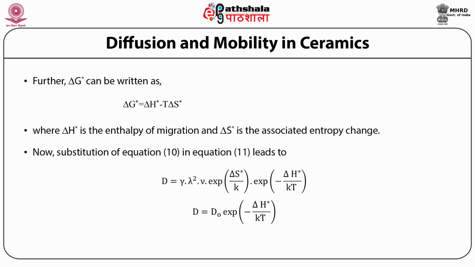Or it can be written as D is equal to D naught exponential minus delta H star by kT, where D naught is the pre-exponential factor, which is gamma lambda square nu into exponential delta S star by k. So this explains the thermally activated nature of diffusivity, showing an exponential temperature dependence resulting in a significant increase in the diffusivity upon increasing the temperature.